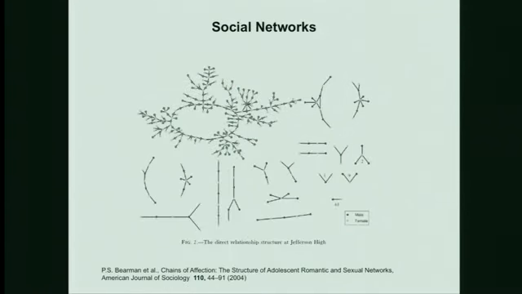What is a particularly interesting and funny and nice example are social networks. Here you have the sexual network in Jefferson High School in the States. Most people, 63, just have a binary relationship. But there are others. There are sort of active girls, very active boys, like this.